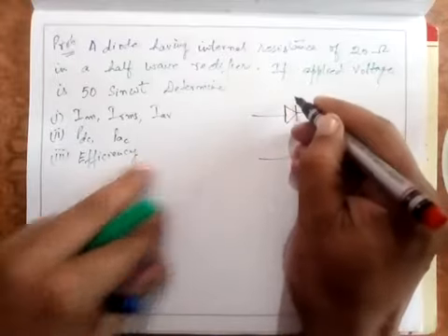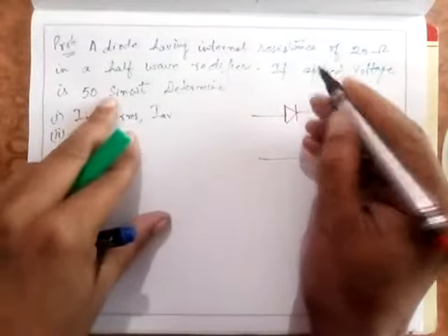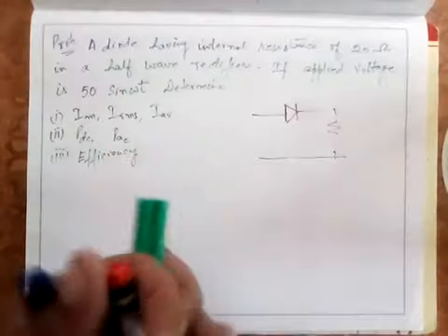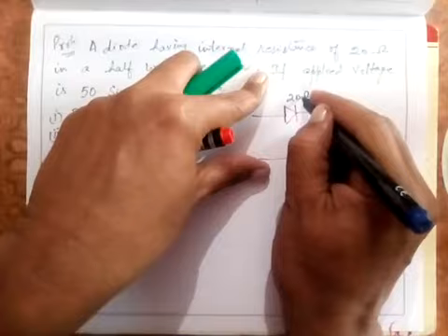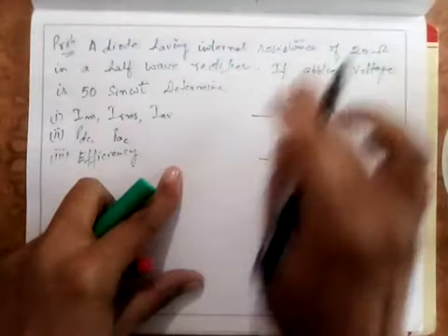Now this diode has some forward resistance. The forward resistance of this diode is 20 ohm. Just try to understand this: 20 ohm internal resistance.